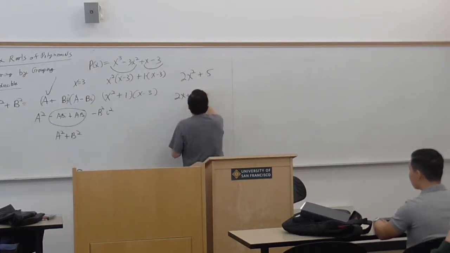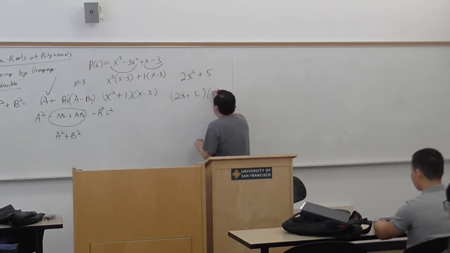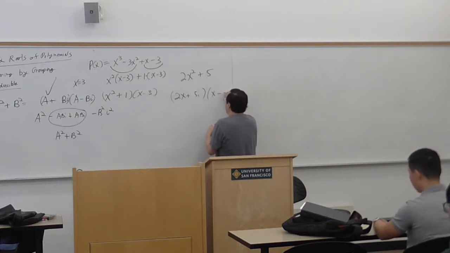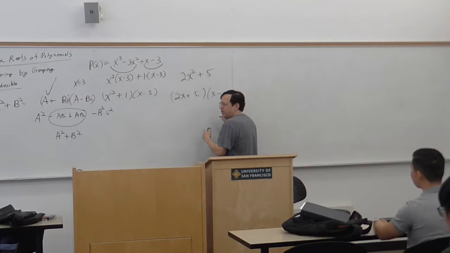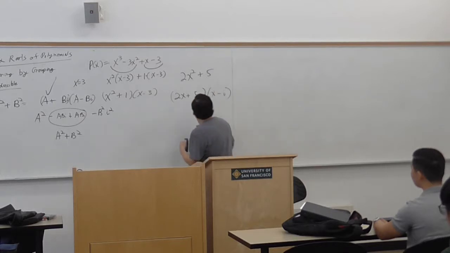2x plus 5i. And then 2x minus 5i. Well, you don't want 2x here, is that right? You want x minus i? Is that your guess? That's a good guess. Let's try it.